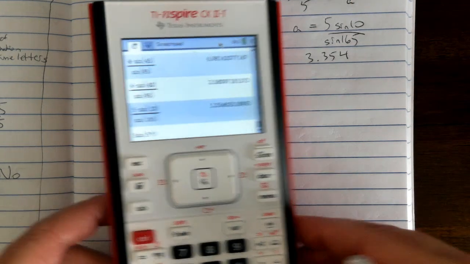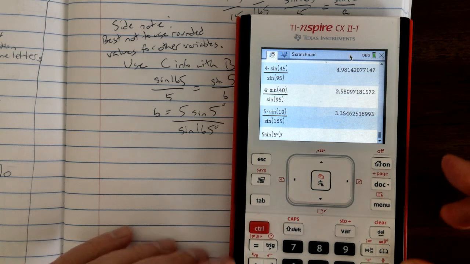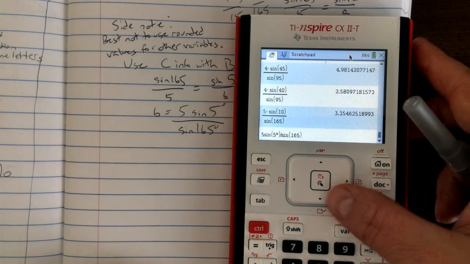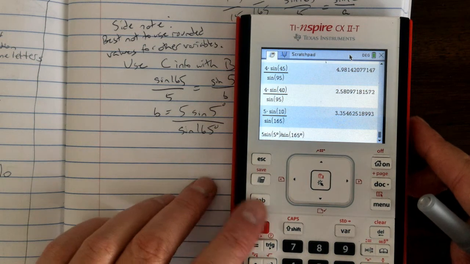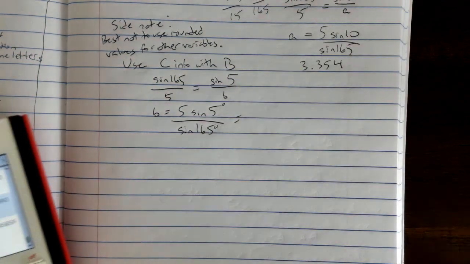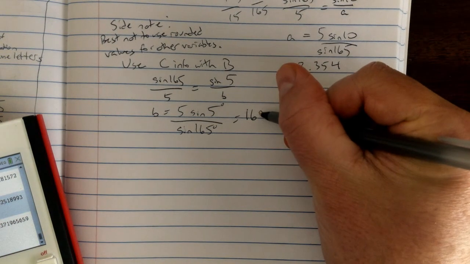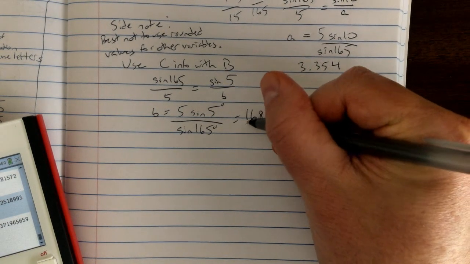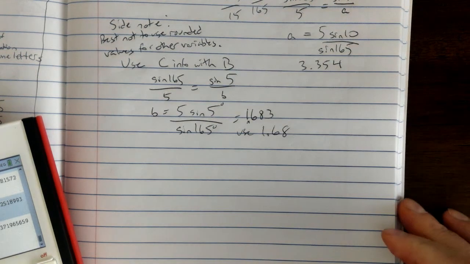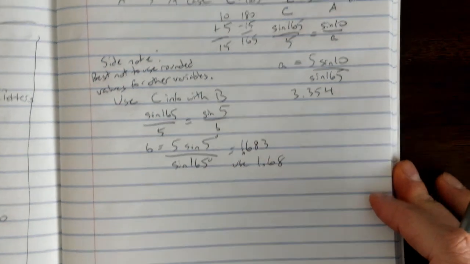So 5 sine 5 over sine 165. And this gives us 1.683. And so we need to use 1.68. And that's how you know you did it right.